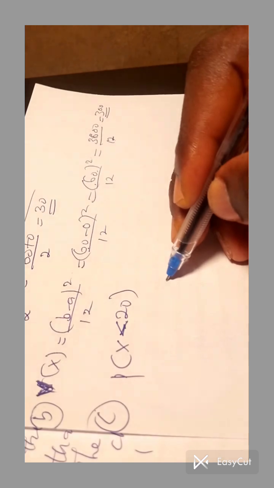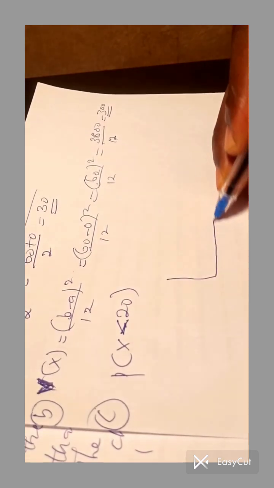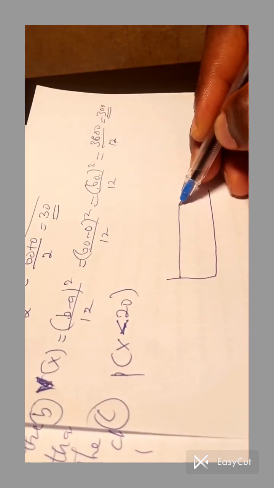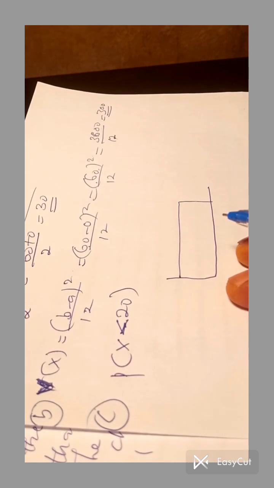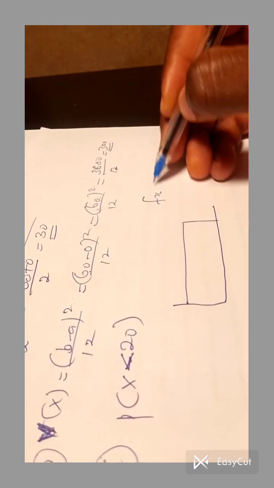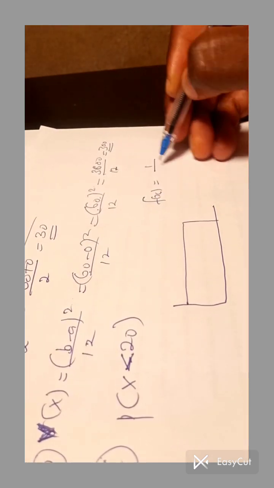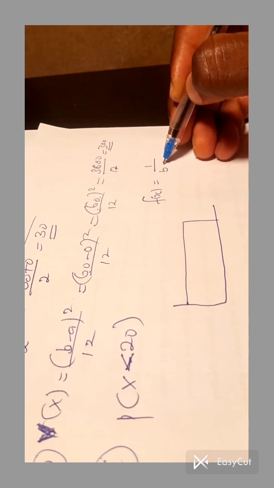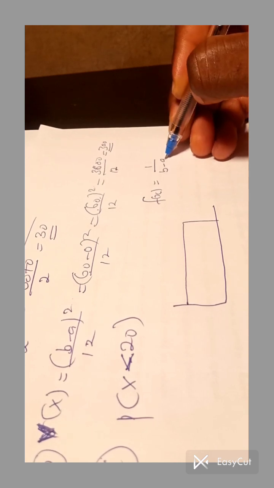Well, let's draw the diagram where we started. If we have the diagram looking like this, and we go back to our f of x, we got it to be 1 over (b minus a).